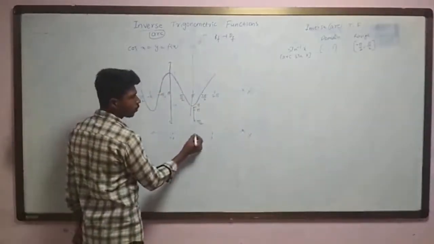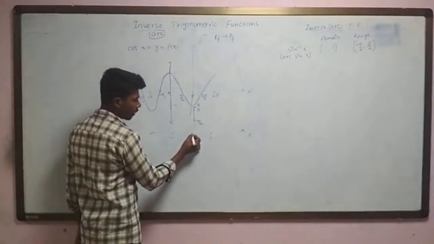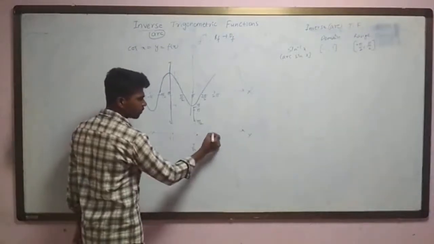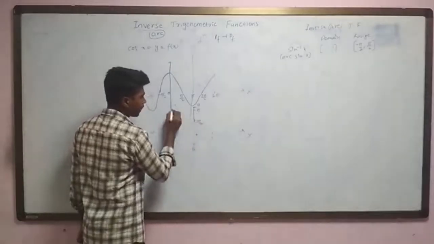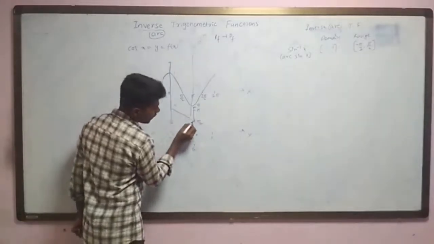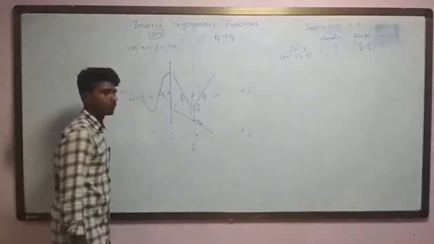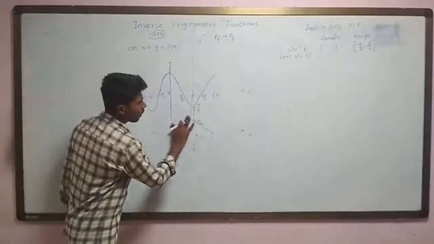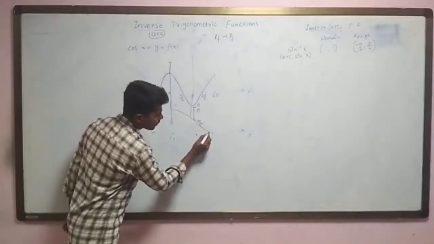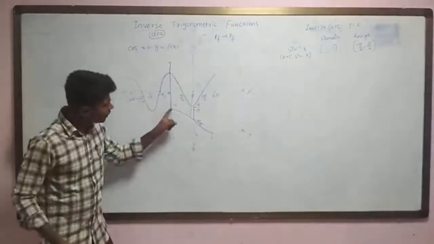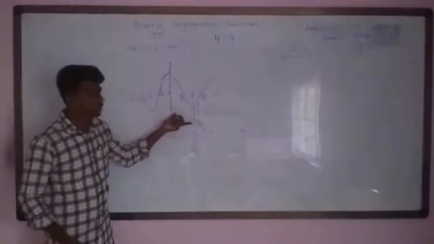At 0, what's the value? 1. At pi by 2, 0. At pi, minus 1. So I get the function in this way. If I want to draw it as a curve, we draw like this. So this is the graph of cos inverse.